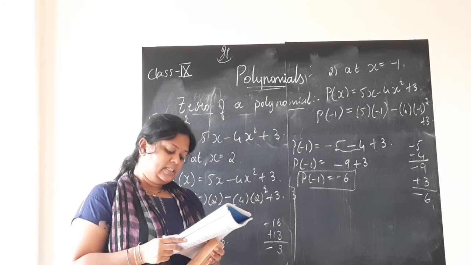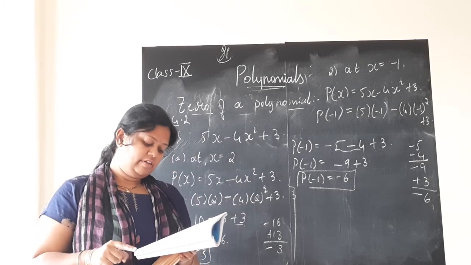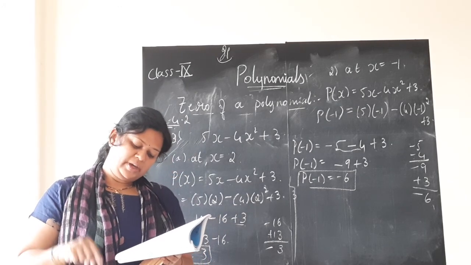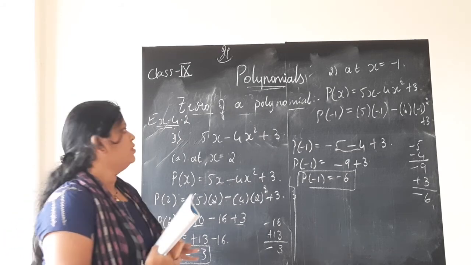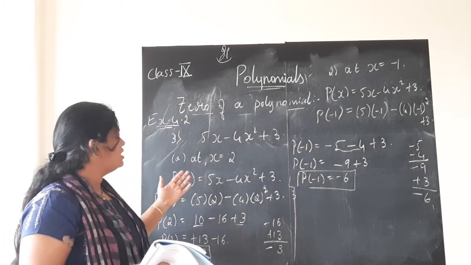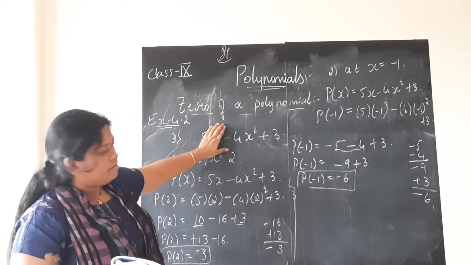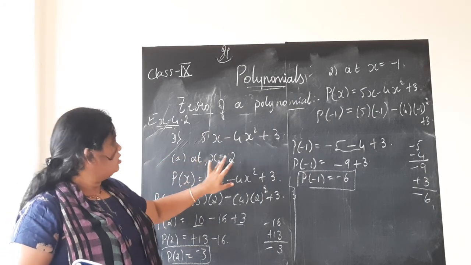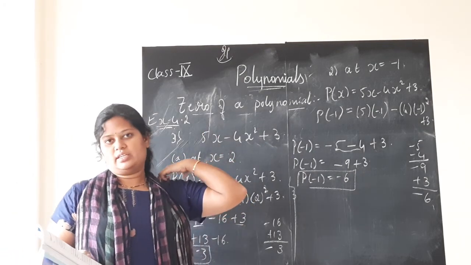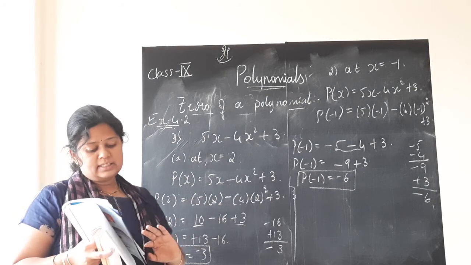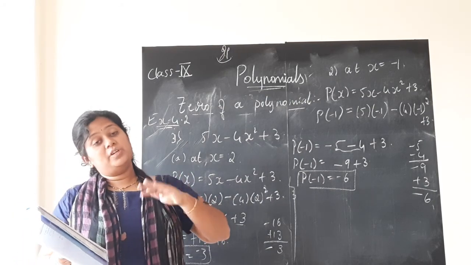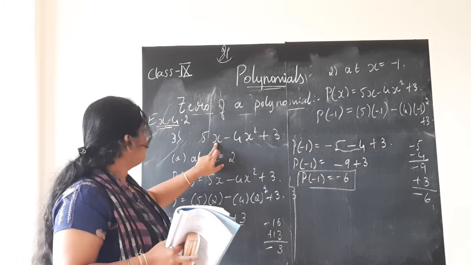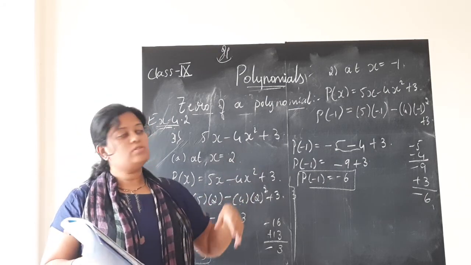Second main, find P of 0, P of 1 and P of 2 for each of the following. So in the first main, how did they ask the question is, we used to give only one polynomial at x is equal to 2, 1 and minus 1 they asked. So this is how we did. In the second main, different expressions are given to you. Here only one expression was given and different values of x were given.